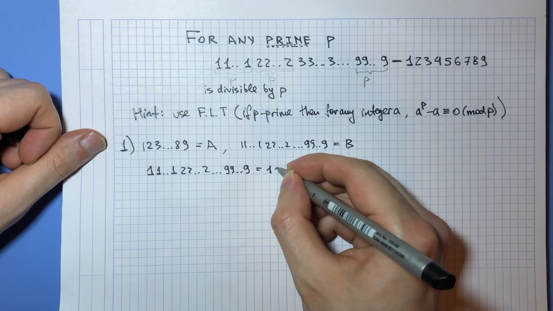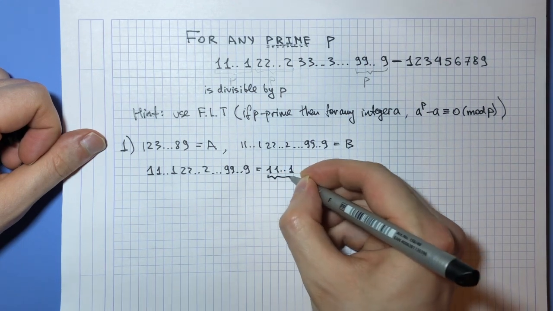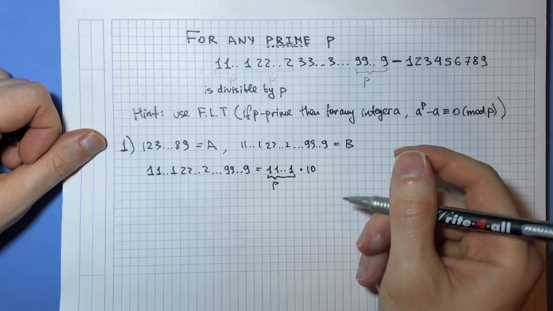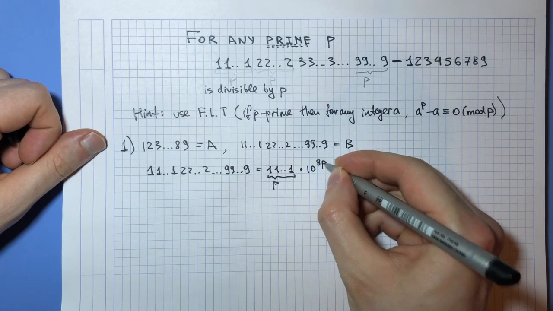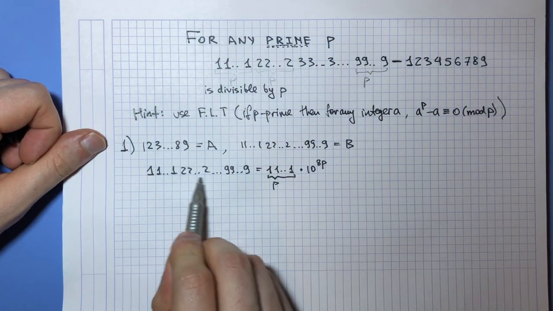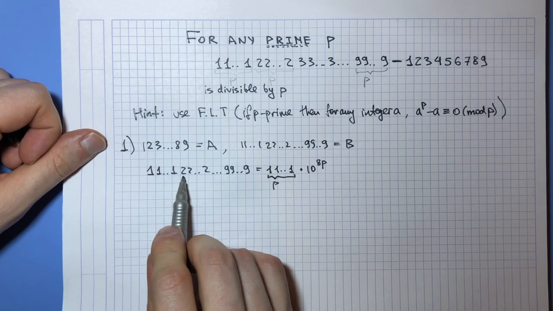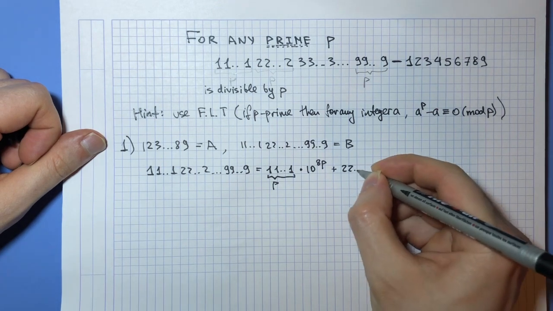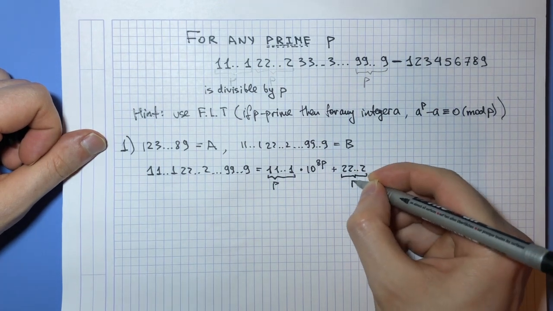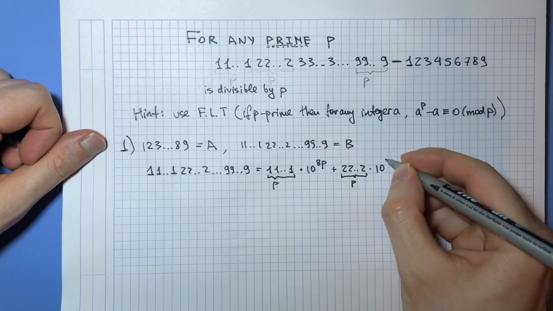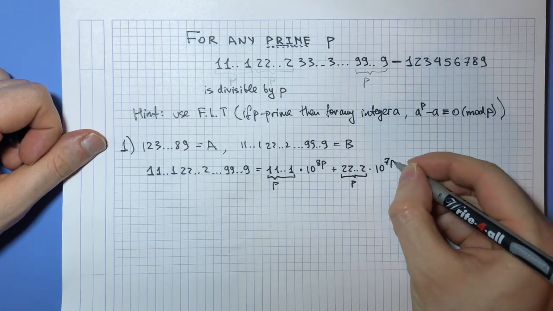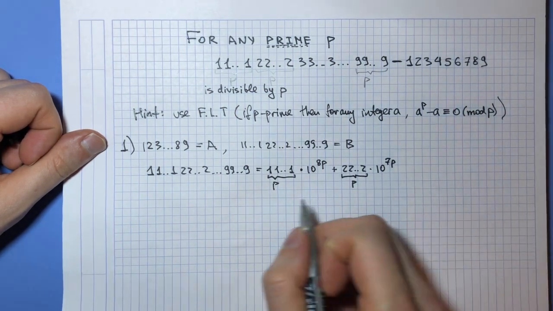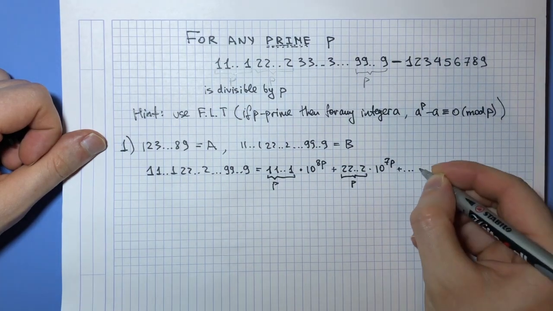So we know that we'll have p 1s multiplied by 10 to the 8p, because we'll have 8 types of digits left, and each of them is repeated p times. Then we'll have 2s, also p of them, now multiplied by 10 to the power 7p, and so on.